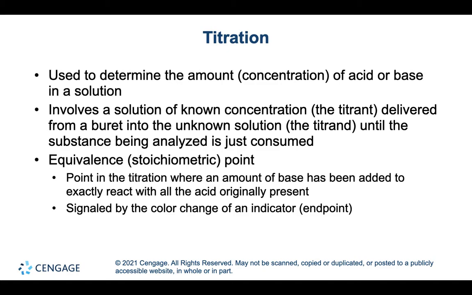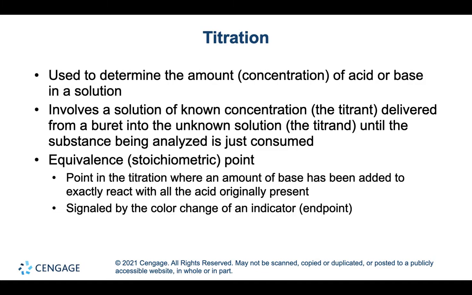We call the solution we add that we know the concentration of the titrant, and we titrate it with a burette into the unknown solution, or the titrand. We want to stop when the unknown is completely used up, but no further than that. And so we want to stop at the equivalence or the stoichiometric point.